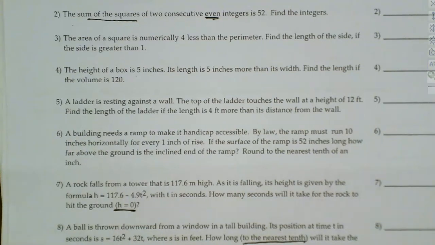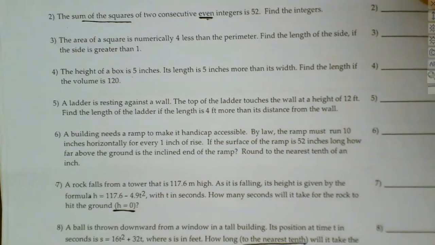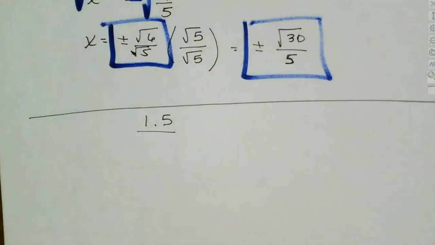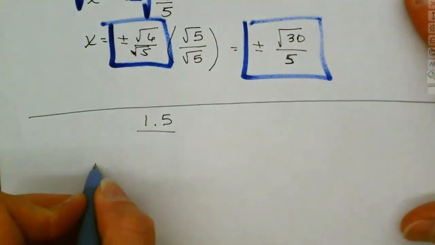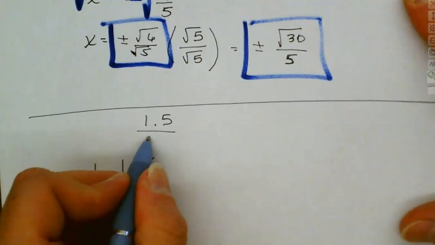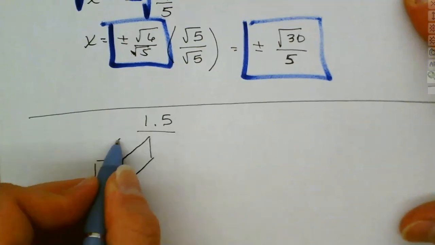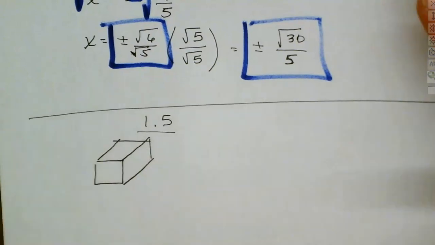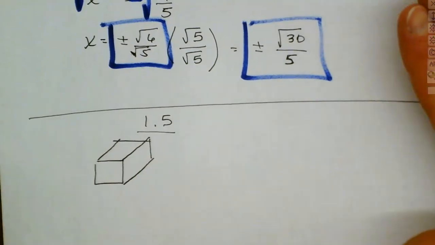Its length is 5 inches more than its width. And I want to find the length if the volume is 120. So what do we have here? We've got a box. So it's a 3-dimensional object. So I'm going to draw the box here. So this is what we've got for our box here. Now, what do we know about this box?